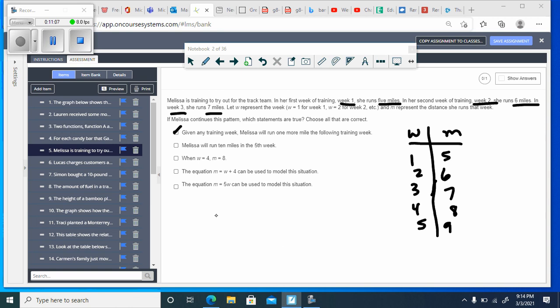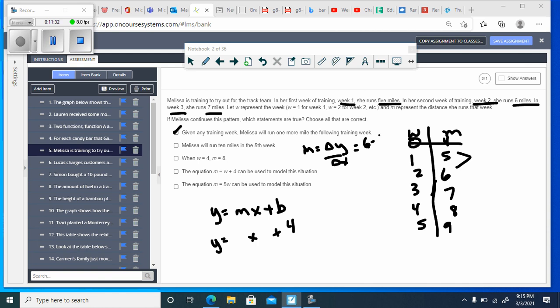Well, let's see. Y is equal to MX plus B. Let's see if we work backwards. If we go back 1, it's 1 up each time, so that would be 4. B is 4. Let's find our M. Remember, M is your change in Y over change in X. The difference in our Y values would be 6 minus 5.